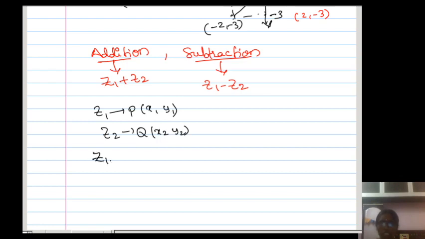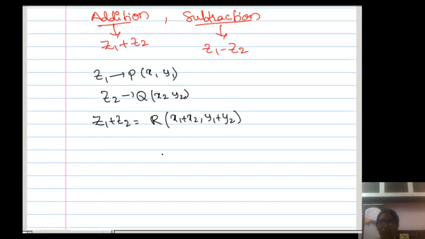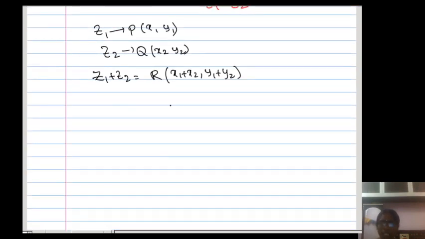What is addition then? Z1 plus Z2 is represented as R, that is (x1 plus x2, y1 plus y2). This is the addition of the two complex numbers. Theoretically I know these things, but let us see how I explain the addition geometrically.